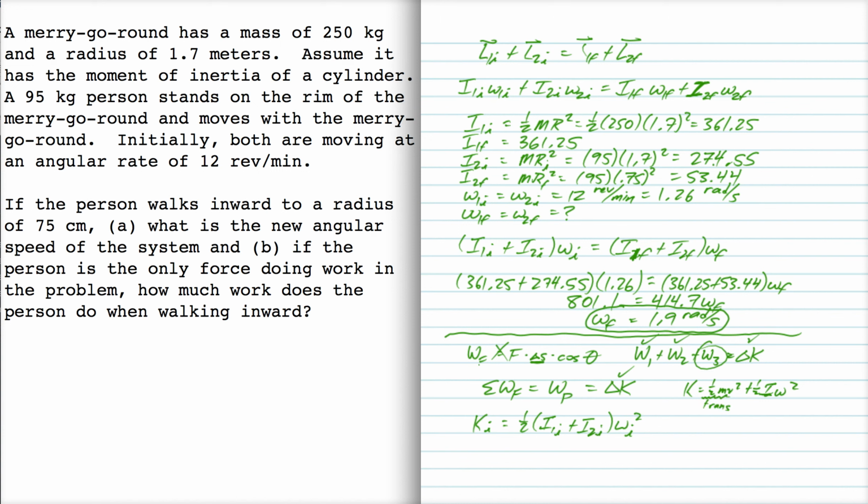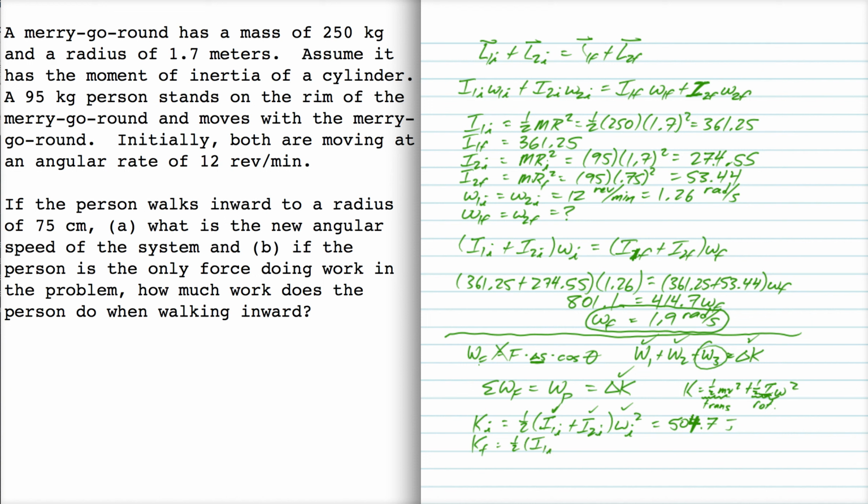If the merry-go-round were, I don't know, rolling along the street or something, then yeah, we'd need that. The merry-go-round is only rotating, so this is all we need. So if I use my values from above for I1I and I2I and omega 1I, I get 504.7 joules.